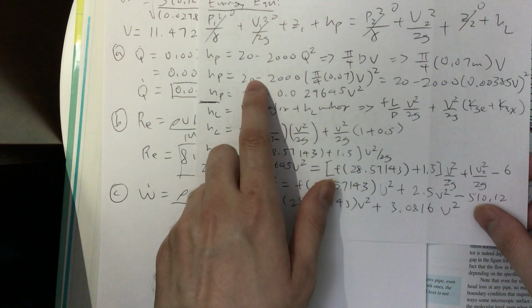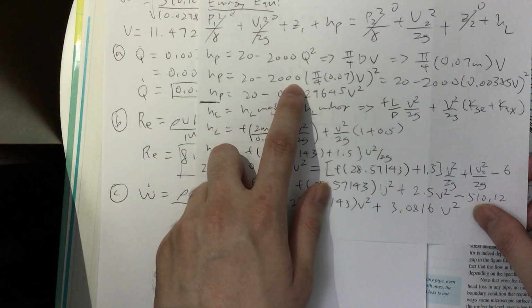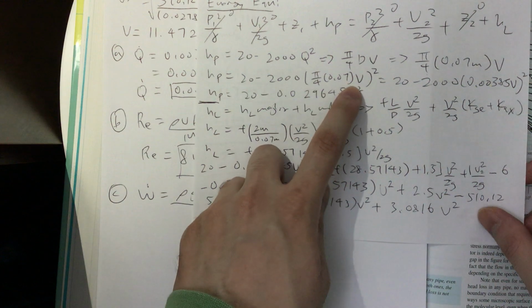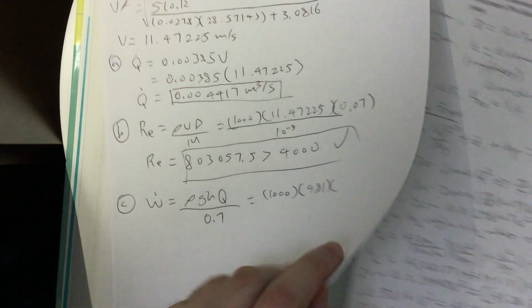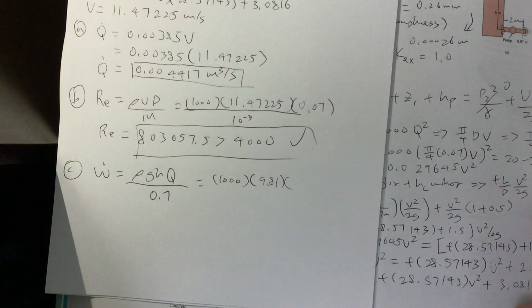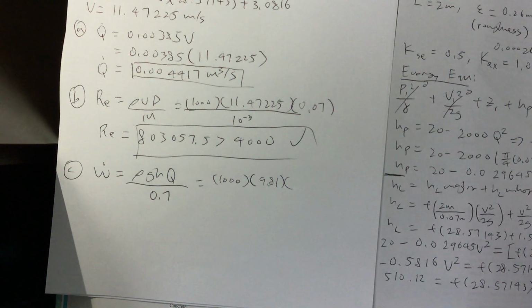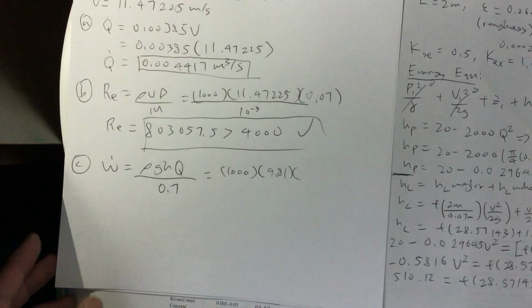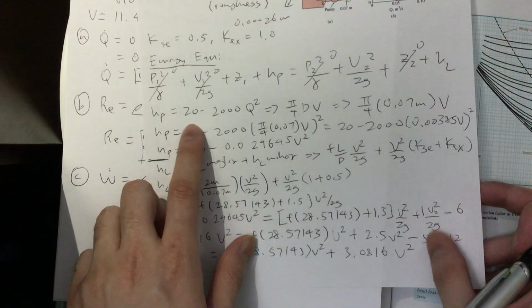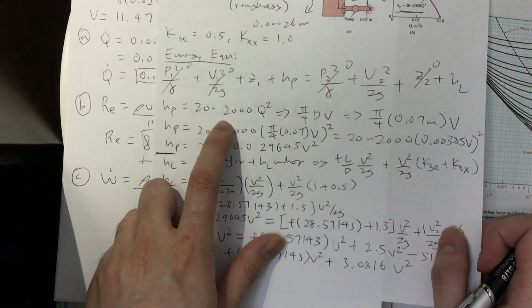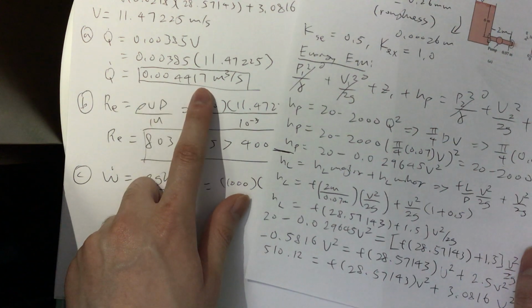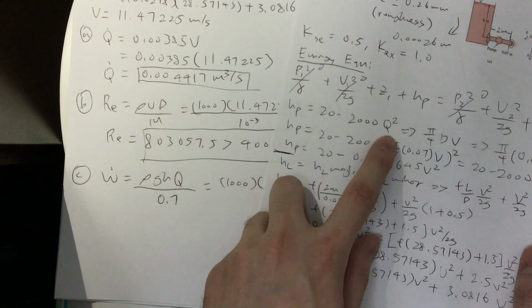Wait, not this one. Oh, sorry about that. Since we got the Q already, it's 20 minus 2,000 times Q. Q is 0.00417. So we're just gonna plug that in here.